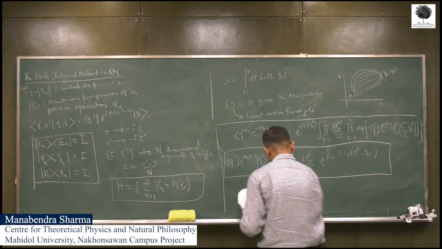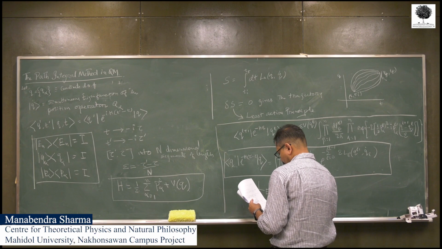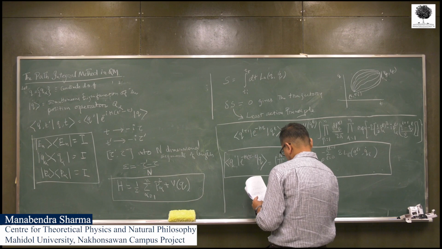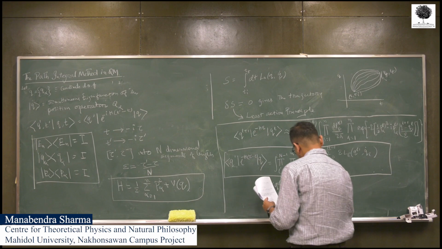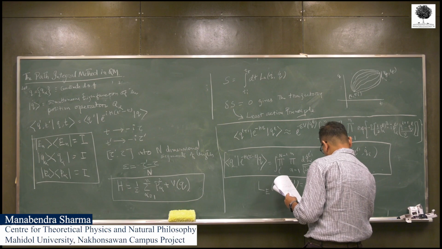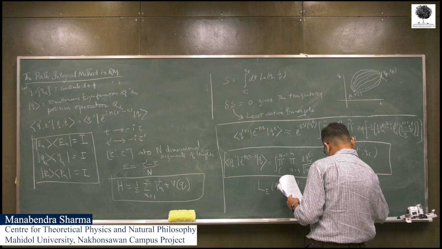So this is a function of q_l and q̇_l: the sum over α of ½ (q̇_α^l)² plus V(q_l).